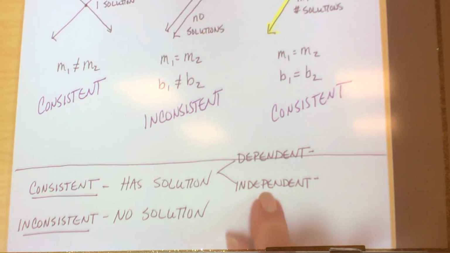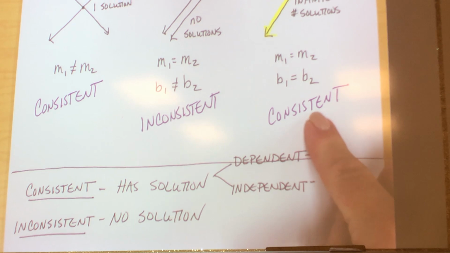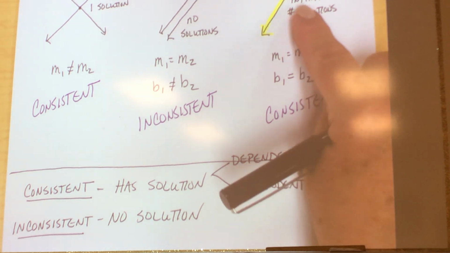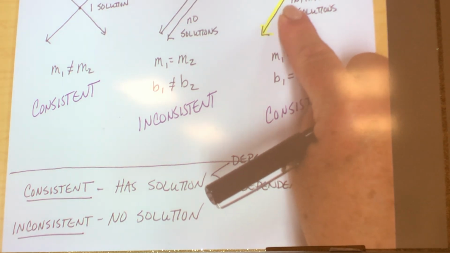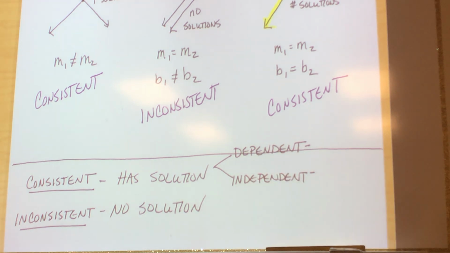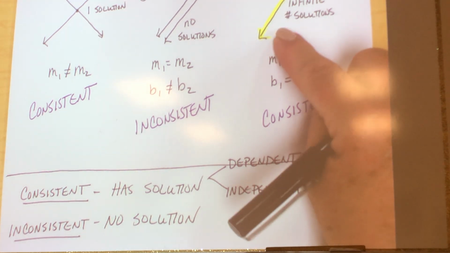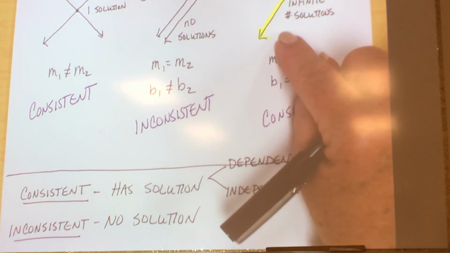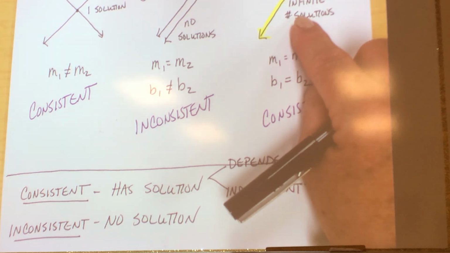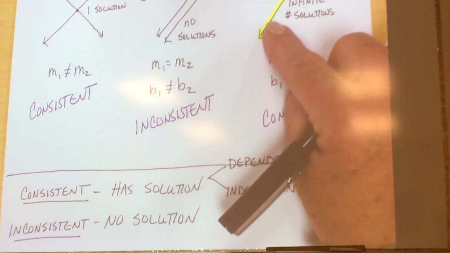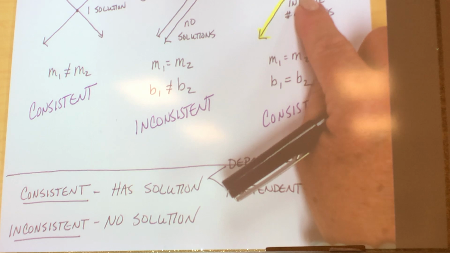All right? So, this one right here. What do you think he is? One line on top of the other one. Do you think he's dependent or independent? Dependent. Why is he dependent? Because what he does depends on what the other one's doing, because they're doing the same thing. So whatever this guy does, the yellow guy's got to do it too. Okay?